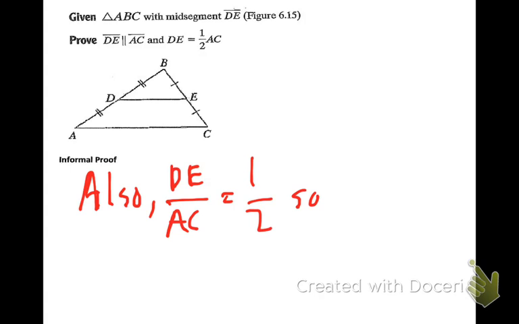So DE is equal to 1/2 AC. That's the other thing we had to prove. Since the other sides had a 1-to-2 ratio, we know the third sides will have a 1-to-2 ratio. Questions there?